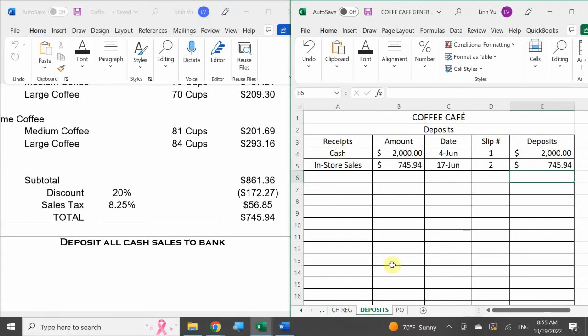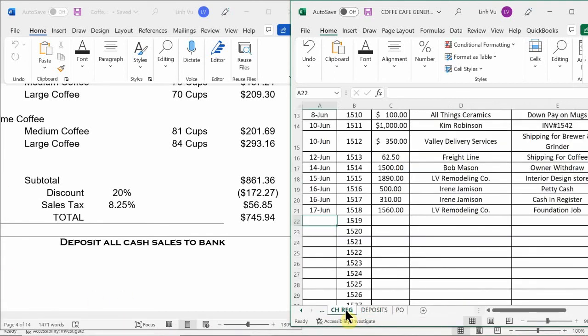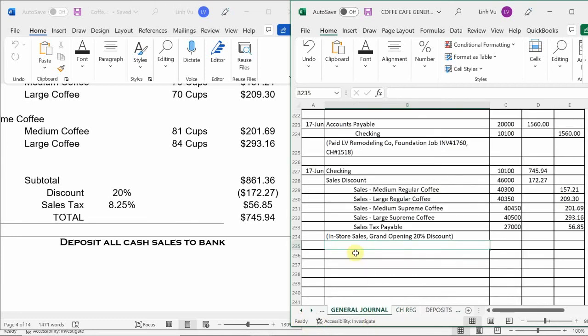Good. So now that I got my deposits done, where do I need to go next?